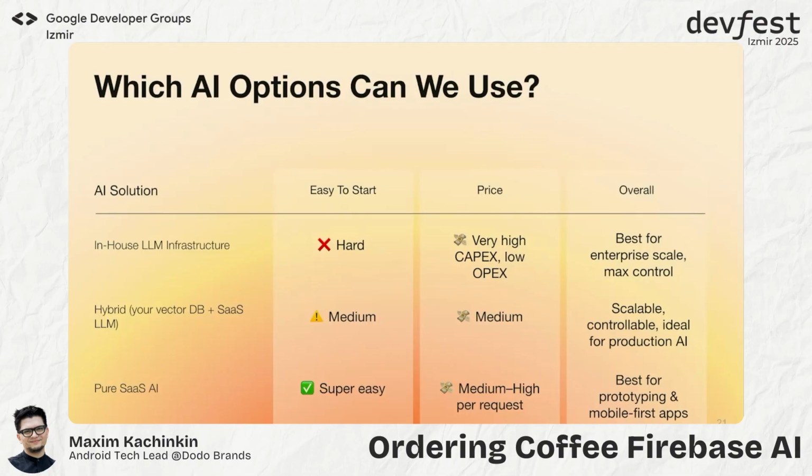It's super easy to start. It's best for prototyping and use in mobile first projects, so it fits our needs. But the important part, you need to count and watch your tokens, because it will be shipped in stores. You cannot update it really quickly.